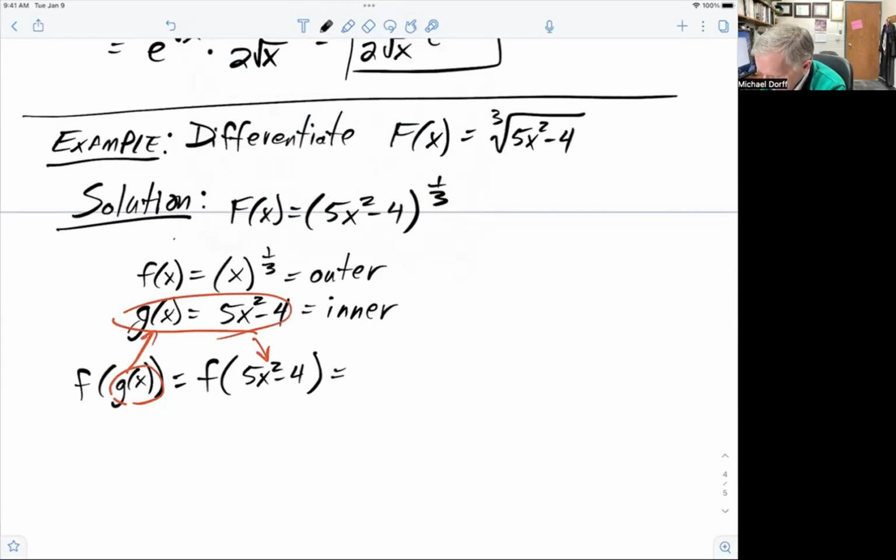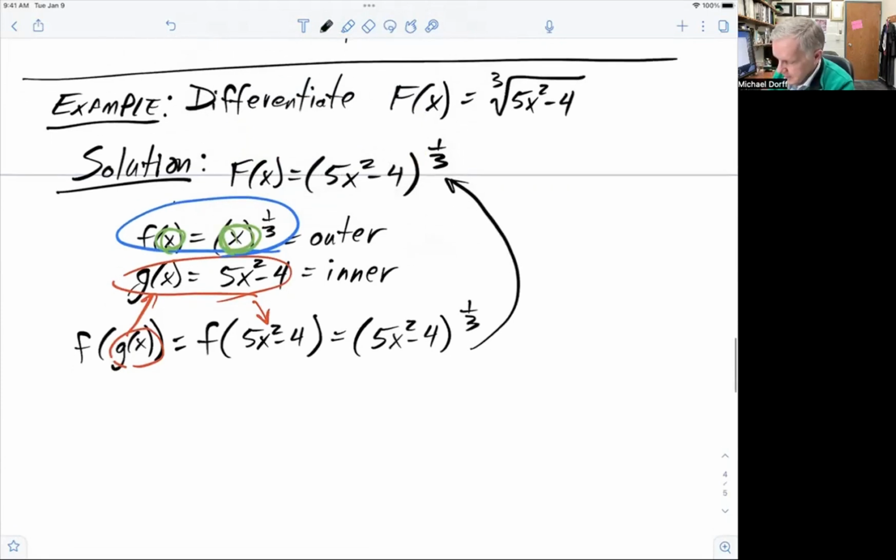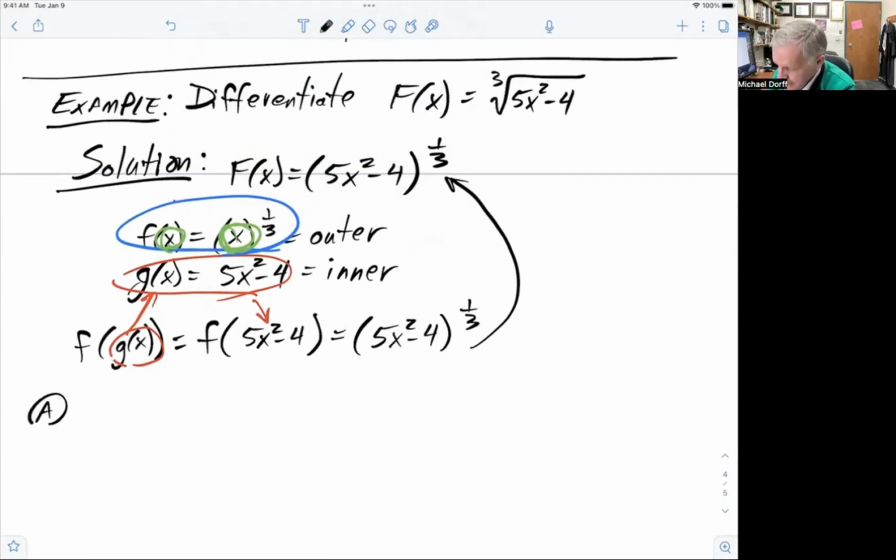Now I'm going to take f and put the 5x squared minus 4 into wherever x is for f. So remembering that f is this, here's my x and here's my x. When I apply that here, I'm going to have the inside part to the 1/3 power. And that is my function there. So I've got my original function described as the composition of two.